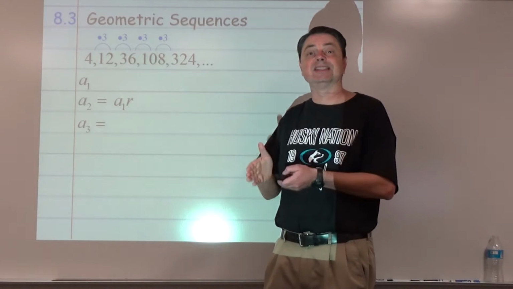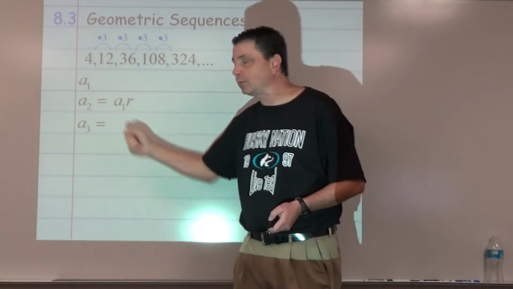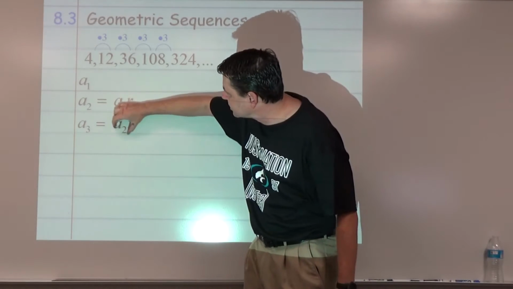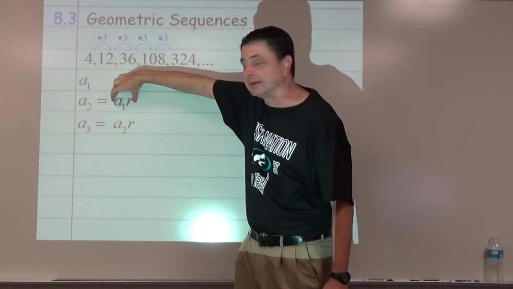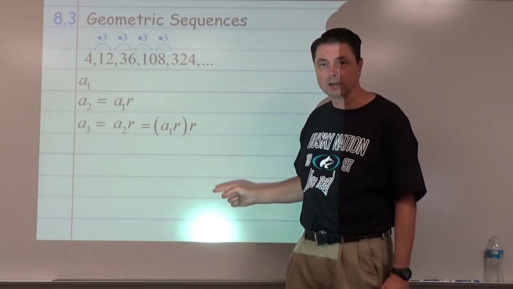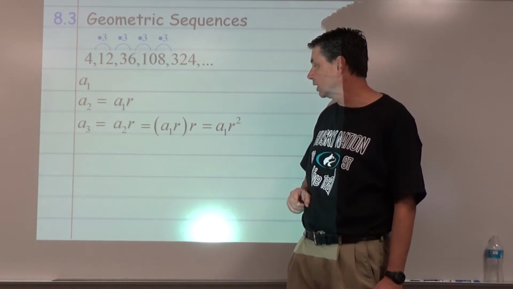That's essentially the definition, is we just keep multiplying by r. So it's the one right before it multiplied by r. But if we look at a sub 2, we could replace a sub 2 with a sub 1 times r. So this becomes a sub 1 times r times another r. And r times r is r squared.